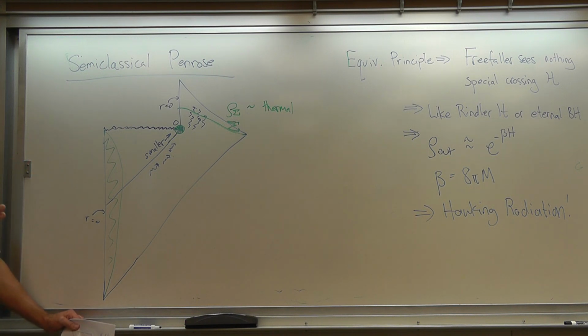This is roughly how Hawking stated it in 1976 or so, and is roughly how it still stands today. We know a lot more, and we have a lot of ideas about exactly which of the things I said might be the wrong one, and we're going to come to that later in the course.